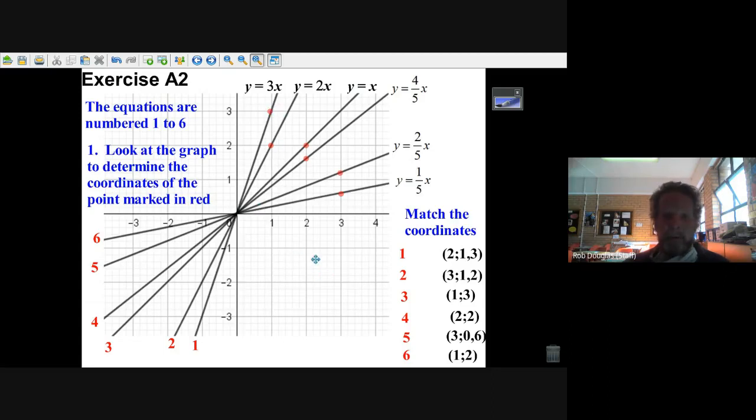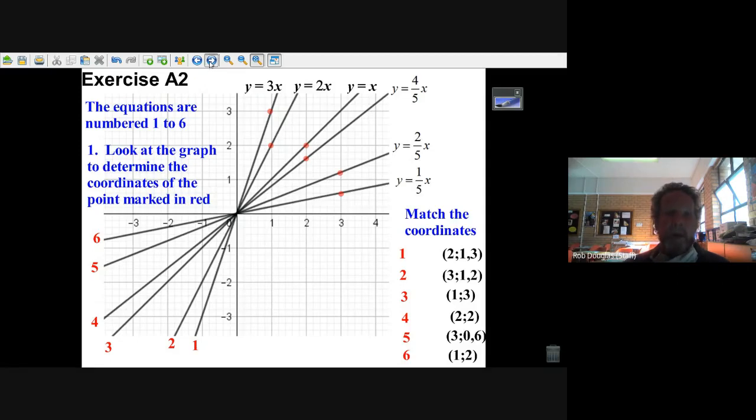If there was a point right here, you'd say x is 2 and y is minus 1. So it'd be 2 and minus 1. I even put the points here so you can match them up if you get confused. These are all the right answers, but they're not linked up to the lines 1, 2, 3, 4, 5, and 6. So that's that question.